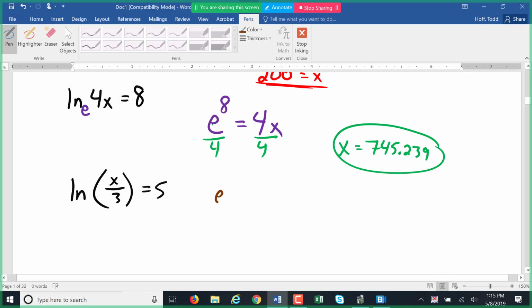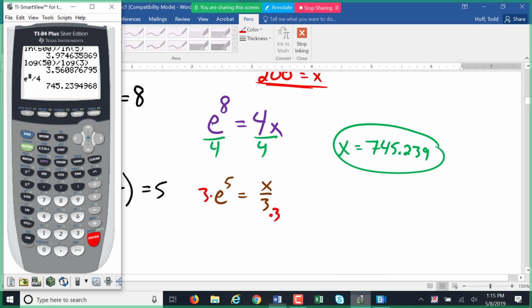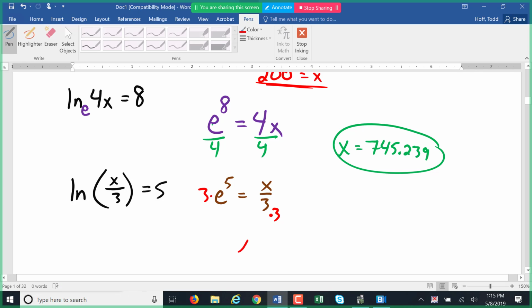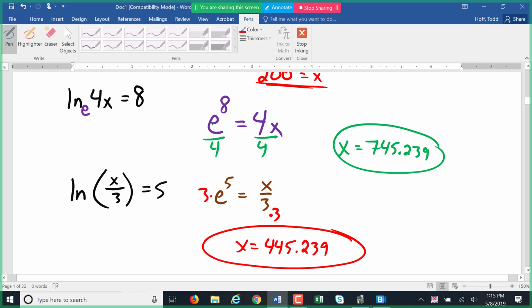So this is saying e to the power of 5 equals x over 3. To solve for x, we would multiply by 3, right? So it's 3 times second ln 5. 445.239. Any questions?